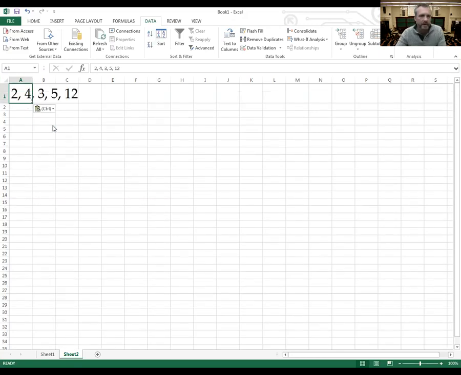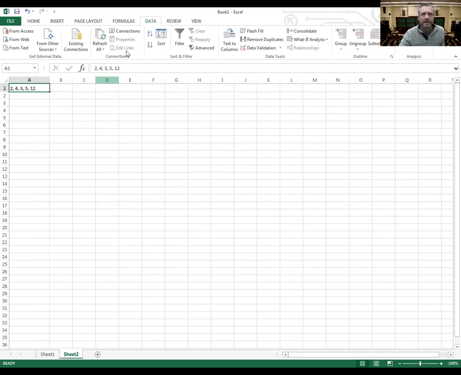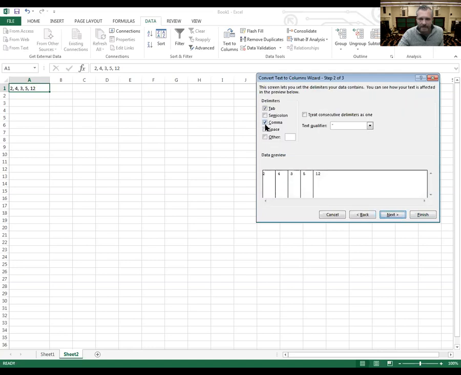One of the things you might notice is that these data values are given as a list, but they are delimited with commas, and they're not all in their own cells. Well, one nice thing is the text to columns feature. I'm going to hit text to columns, say delimited with comma.